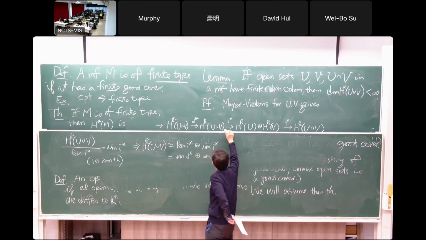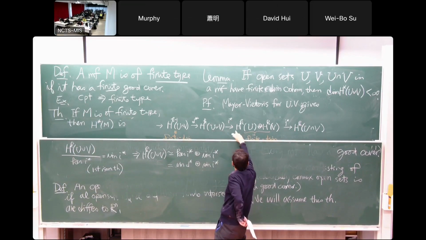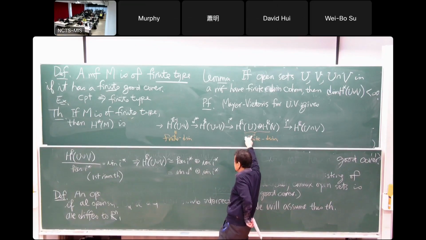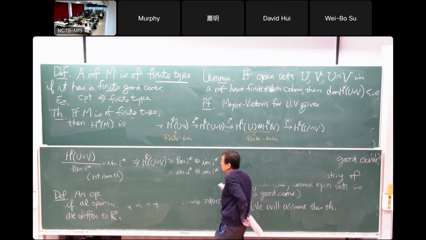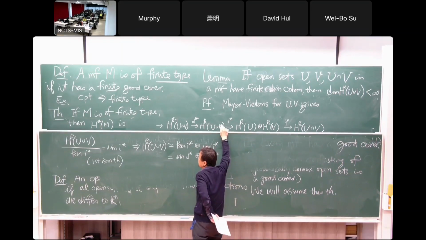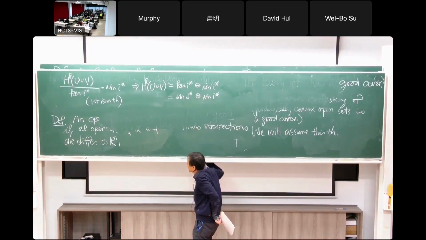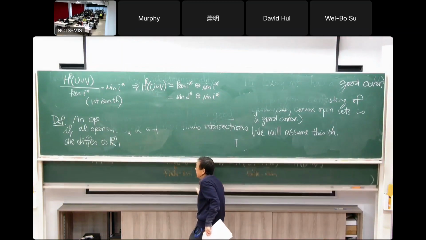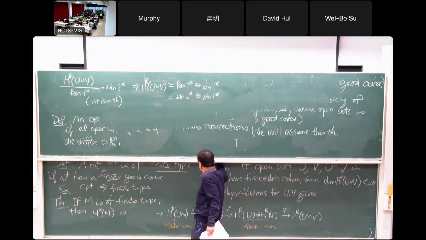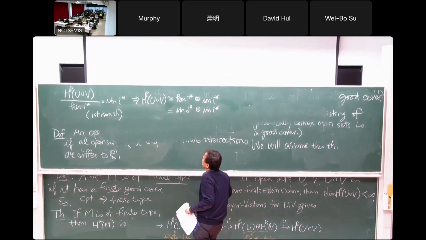Now the image of i star is a subspace of a finite dimensional vector space, so it's finite dimensional.